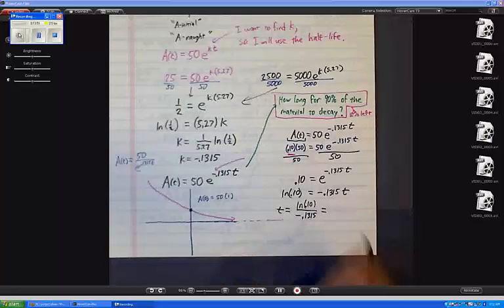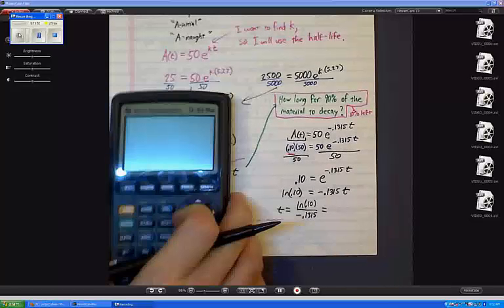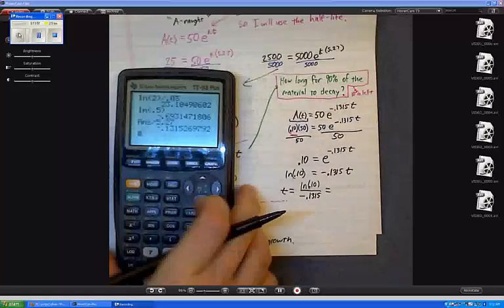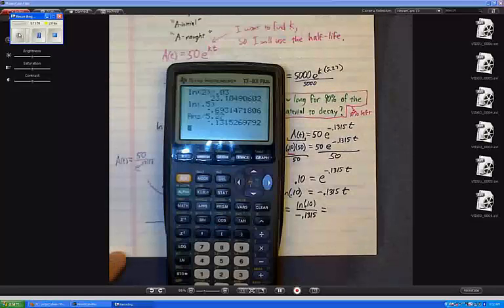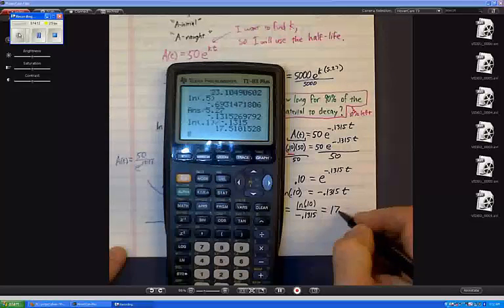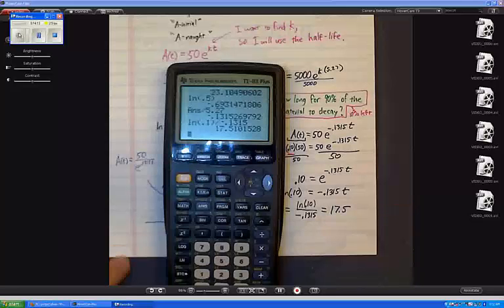And so now I just need a calculator to punch in that final value, right? So I get a little glare. Let's see. Natural log of 0.1 divided by negative 0.1315. It's going to take 17 and a half years. All right?